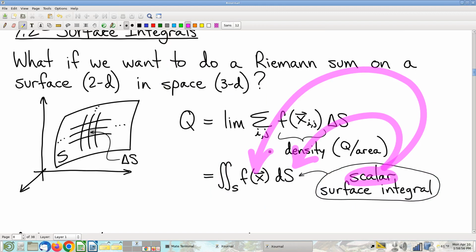Well, you can probably see this coming, just like with line integrals. We are going to very soon, as in later today, talk about a different kind of a surface integral where these are not scalars, where instead they are vectors. And so coming up real soon, later today, we will be seeing vector surface integrals. But for now, just scalar surface integrals as we have here.